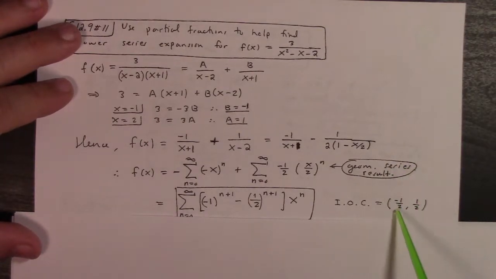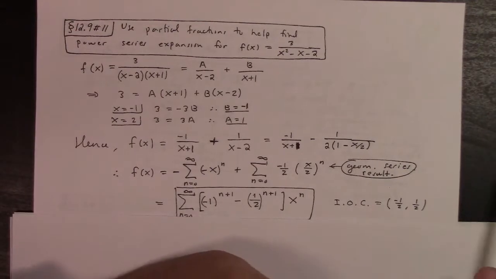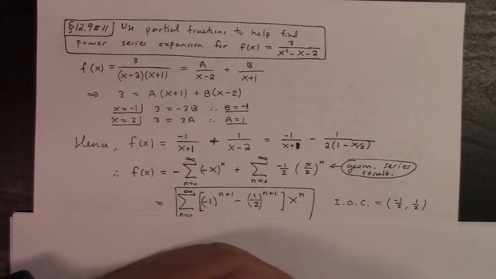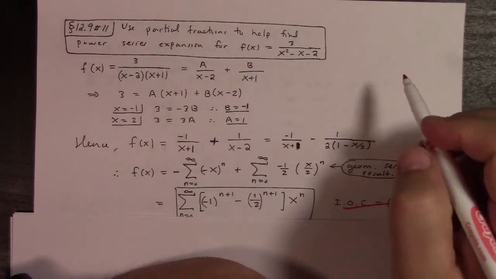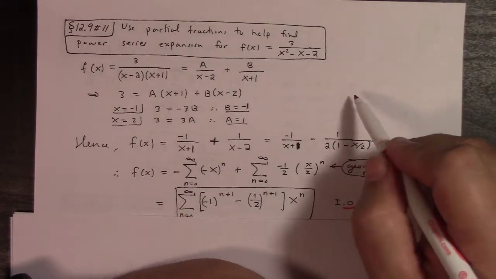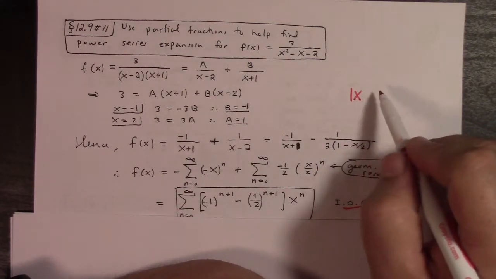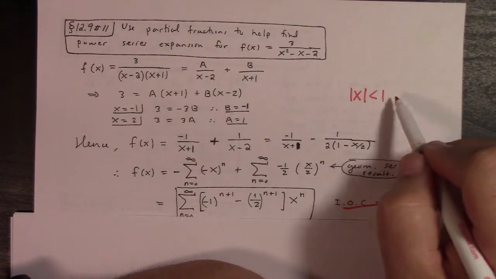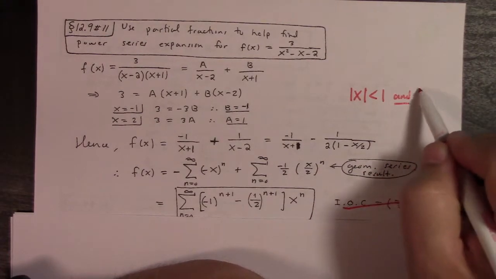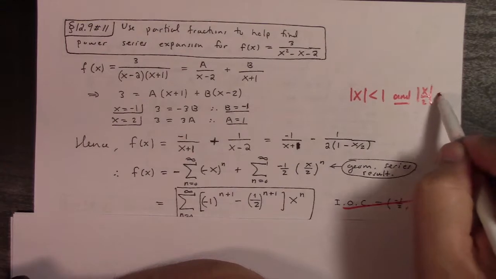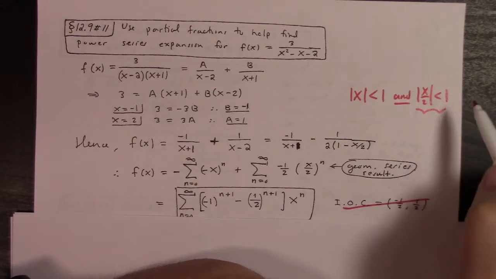This is not right. Here's the deal. So we've got absolute value of x less than 1. And what else do we need? The absolute value of x over 2 is less than 1. Now that does not say 1/2.